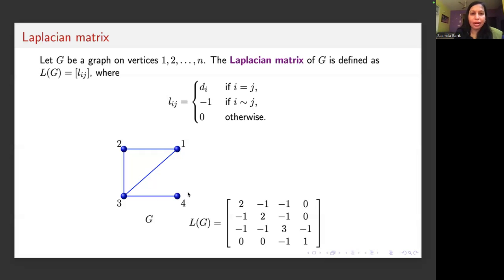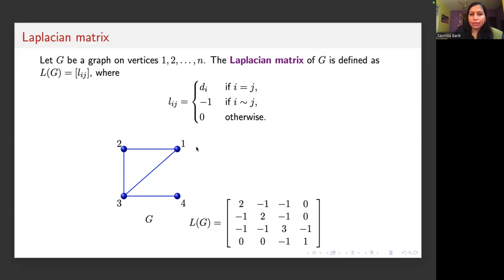So given a graph, like this is an example. Here you can see 1 and 2 are adjacent, so I'll put a -1. 1 and 2 are adjacent and 2 and 1 are also adjacent, so I'll put again -1 there. Like this, and if there is no edge, like from 1 to 4, then we'll put 0 accordingly. And diagonal entries are all degrees. You can see the degrees I just put. So this way the matrix is defined.